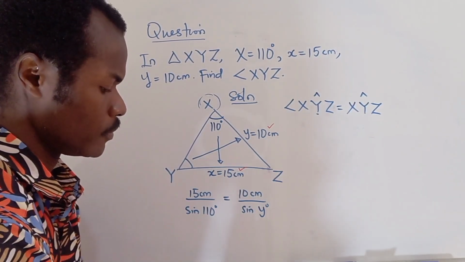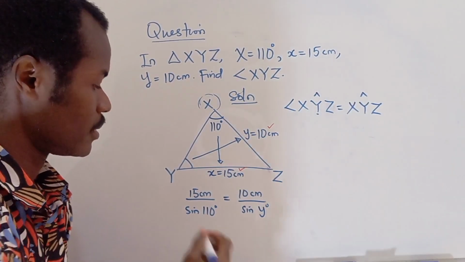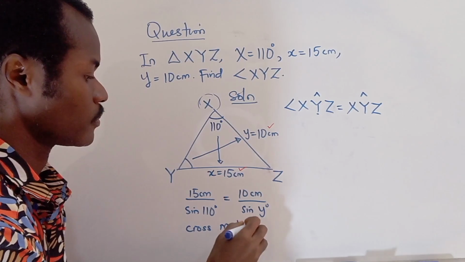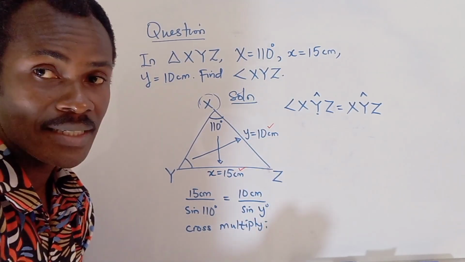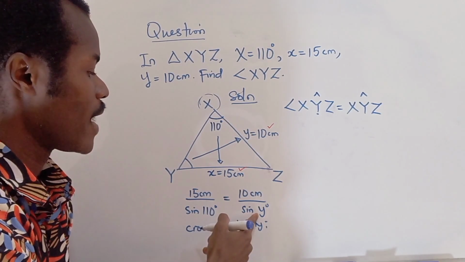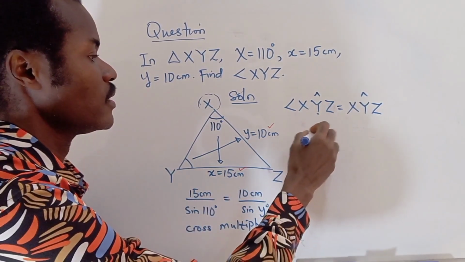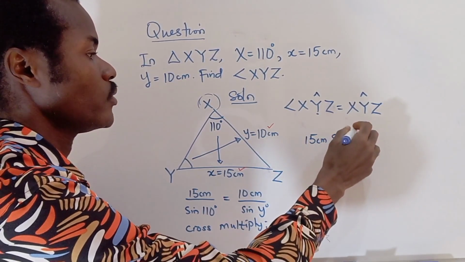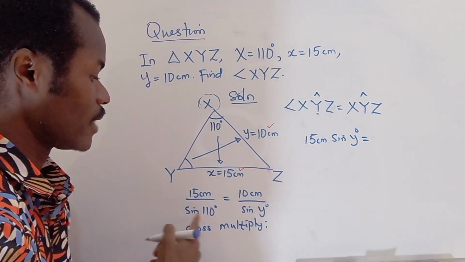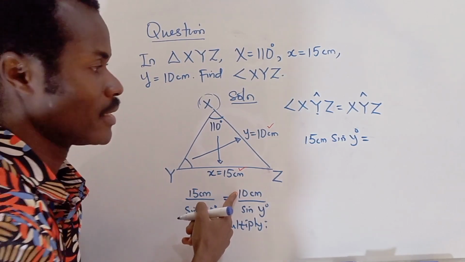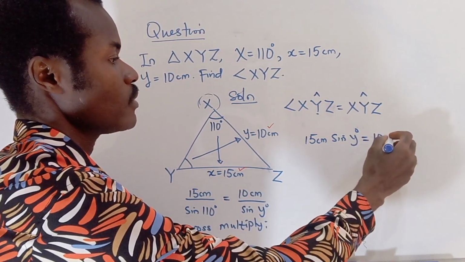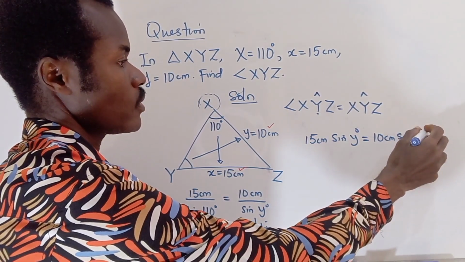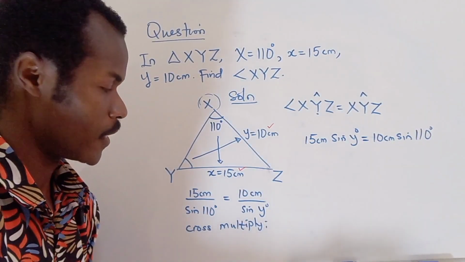Now, the first step is we want to cross multiply and see what that gives us. So sine y is going to multiply 15, so I have 15 centimeters multiplied by sine y degree, which is equal to sine 110 multiplied by 10 centimeters.